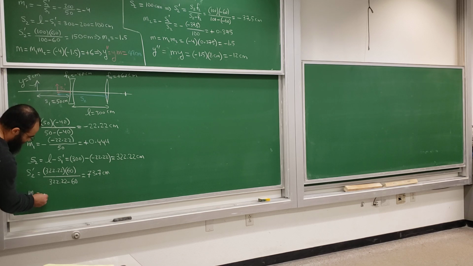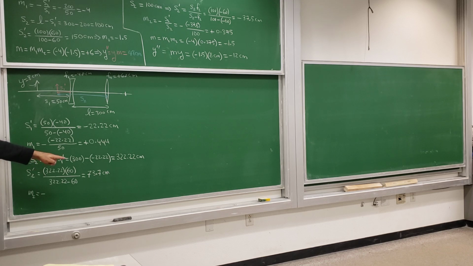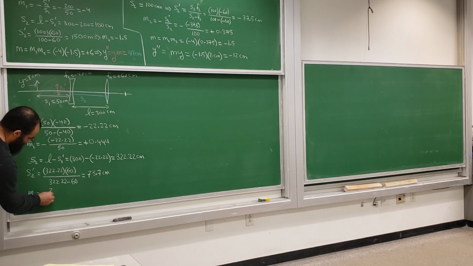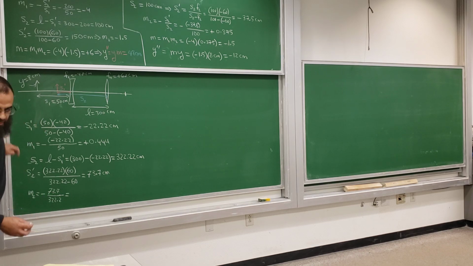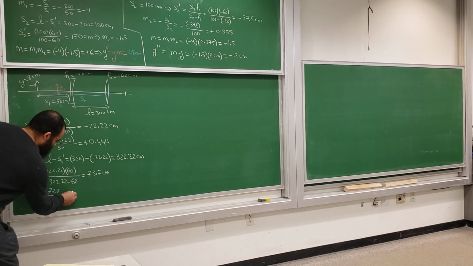So we get M2 will be minus S2 prime over S2, which is 73.7 over 322.222. 0.22 or 0.29? 0.228, you said?